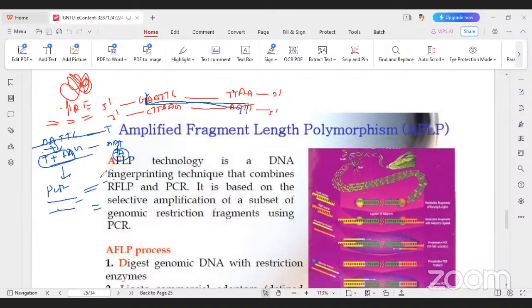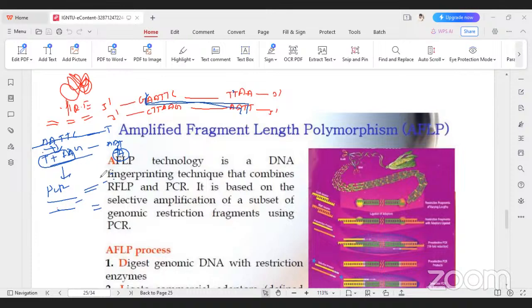That is like the PCR mechanism: denaturation, annealing, extension. The third step is gel analysis of the amplified fragments. After amplification, products are separated on a highly resolving sequencing gel by electrophoresis, and autoradiography, fluorescent and silver staining techniques can be used to visualize the products.